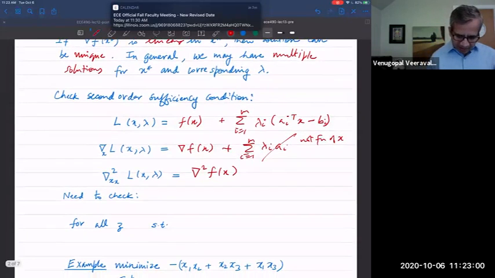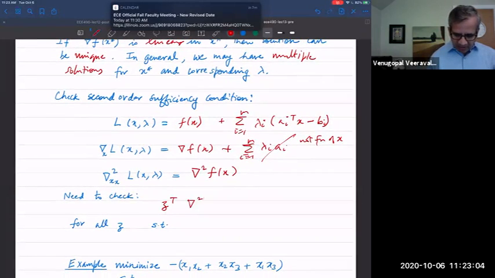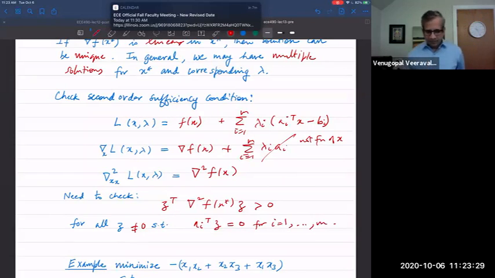All you need is to check that z transpose times the Hessian of F at X star times z should be positive for all z not equal to 0, such that the gradient of h I transpose z must equal 0 for all I. That's the same as saying A I transpose z is equal to 0.